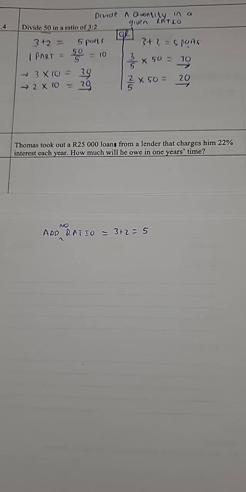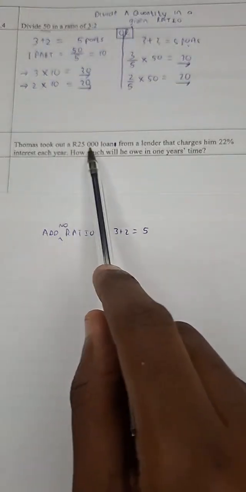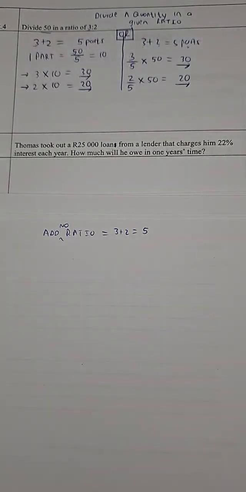Yeah, because the question is, in a year's time, how much will Thomas owe? Again, Thomas took out a 25,000 loan from a lender that charges him 22% interest each year. Then they are asking how much will he owe in 1 year's time. Yeah, the loan amount. That's what we want.